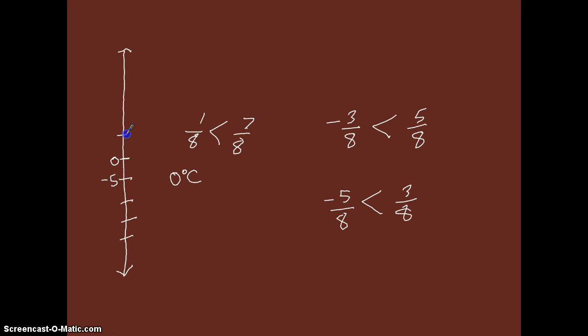And let's say up here we have +5, and here we have +10, and here we have +15, and I'll put -10 here and -15 here. Let's take this -5 degrees Celsius and compare it to -15 degrees Celsius. Let me fix that a little bit better.